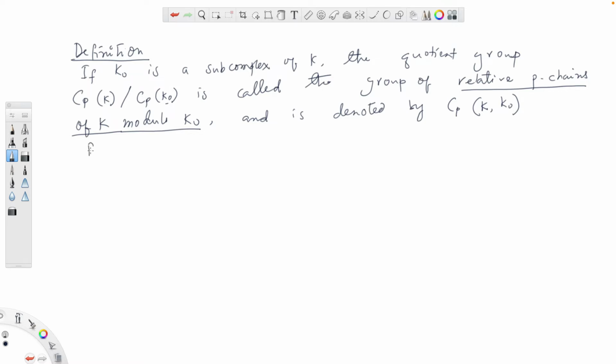Now a remark about the basis elements here. In fact, this is a free abelian group.